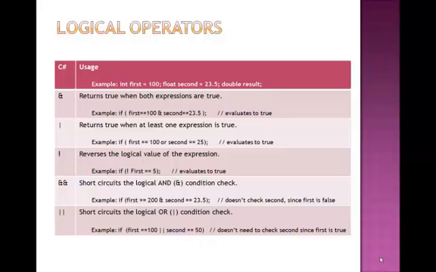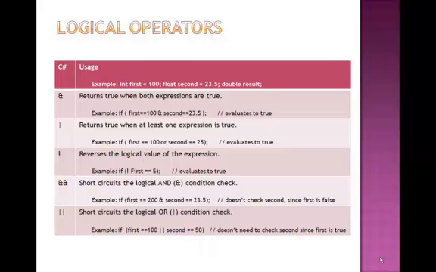And then the short circuit operations essentially short circuit the second condition if the first condition is not met. So let's assume that I have two variables, first and second, and the first expression is not true. The result of an AND operator will be false if the first operand is false.